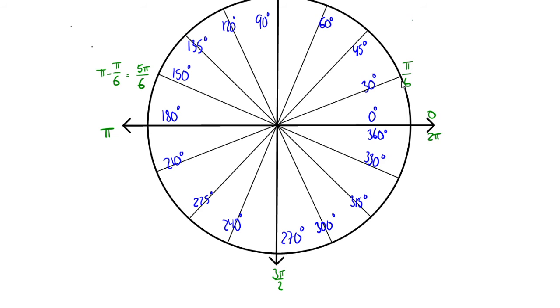So if 30 degrees is pi over 6, because it's a third of pi over 2, then 45 degrees, well, that's half of pi over 2, which means it's going to be pi over 4. And then 60 degrees is double 30 degrees, so it's going to be double pi over 6, which is 2 pi over 6, or pi over 3 if you reduce that.